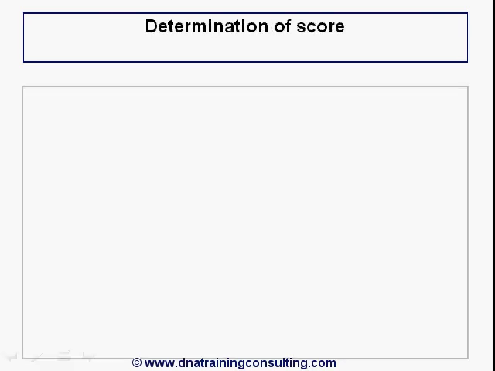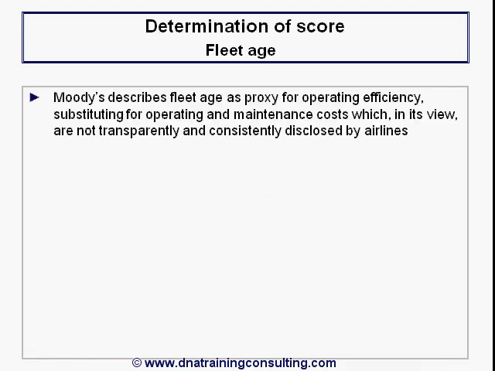We now turn to the determination of the rating earned by the carrier in each subcategory. Beginning with fleet age, Moody's describes the subfactor as a proxy for operating efficiency, substituting for operating and maintenance costs, which, in its view, are not transparently and consistently disclosed by the airlines.